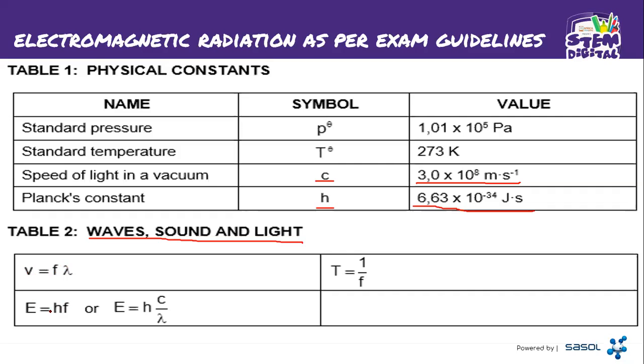E is equal to HF, meaning the energy of the light is equal to the Planck's constant multiplied by the frequency. Or the energy is equal to the Planck's constant multiplied by the speed of light in a vacuum divided by the wavelength. But remember, I always tell you that C basically represents the speed of electromagnetic waves in a vacuum.